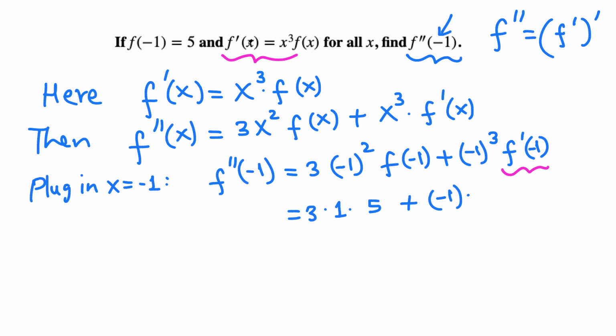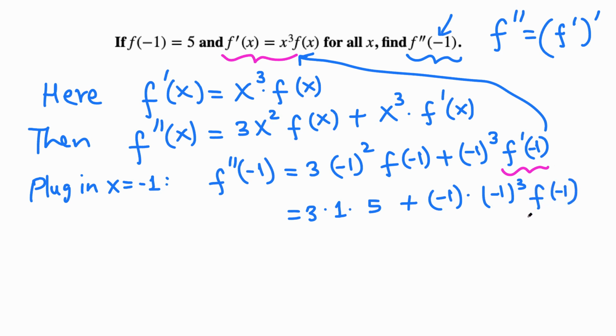So f prime of negative 1 is x cubed, in our case negative 1 cubed. Again, one more time: I'm using this because it is true for all x, so it must be true for negative 1. So f prime of negative 1 is negative 1 cubed times f of negative 1.